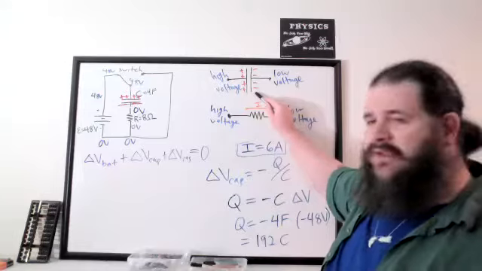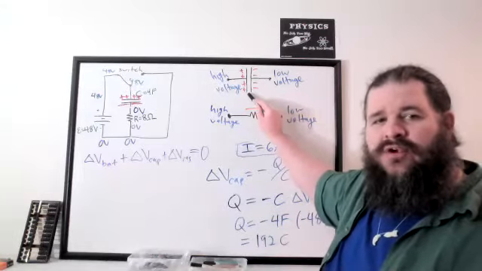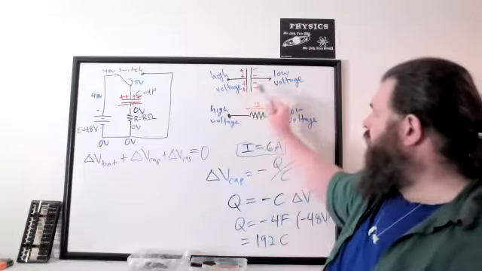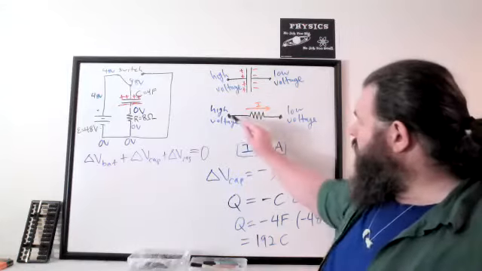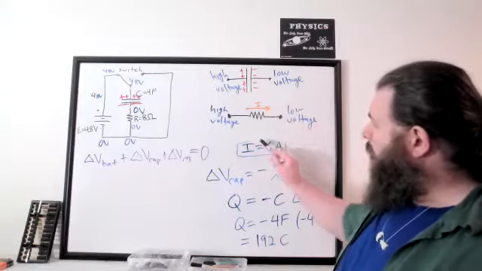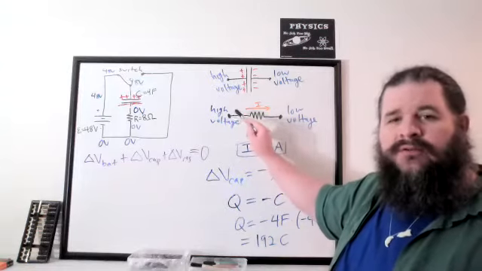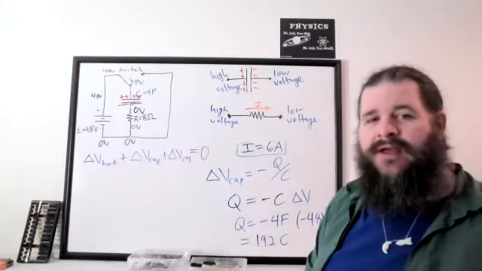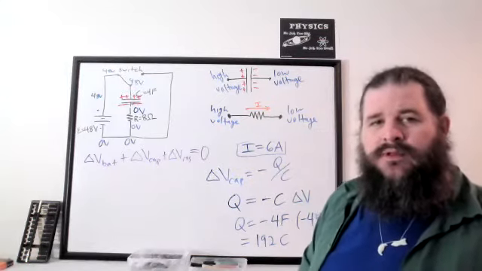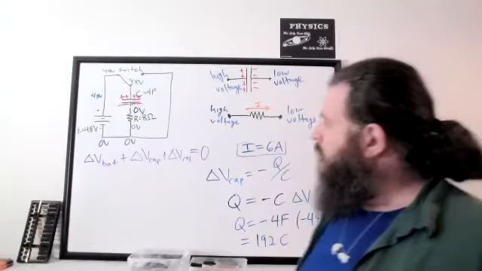Anytime you've got a capacitor that has charge on it, the positively charged plate is going to be at a higher voltage and the negatively charged plate is going to be at a lower voltage, no matter what. And anytime you've got current flowing through a resistor, the side of the resistor that current is flowing from is going to be higher voltage, and the side that it is flowing towards is going to be lower voltage. That also is universally true. Likewise, for a battery, the terminal called positive is at a higher voltage.